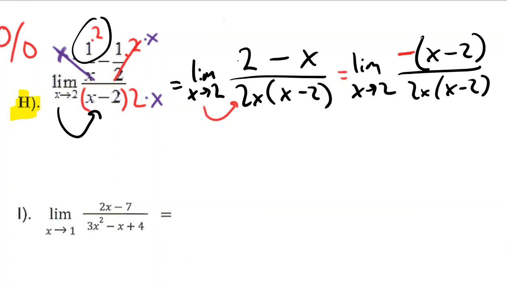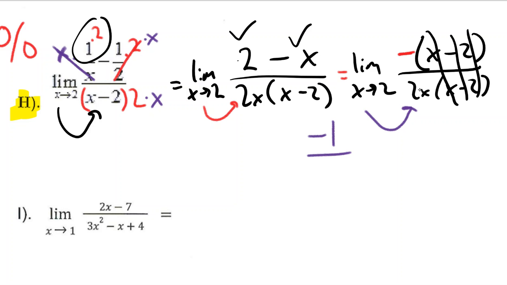Notice if I distribute my negative, I would have a negative x and a plus 2. So I'm not changing it, I'm just changing the way it looks. I wanted to do that because then something cancels, and now direct substitution is probably going to be fine. I've got a negative 1 on top and a 2 times x, but I'm plugging in a 2 for that, so negative 1/4.